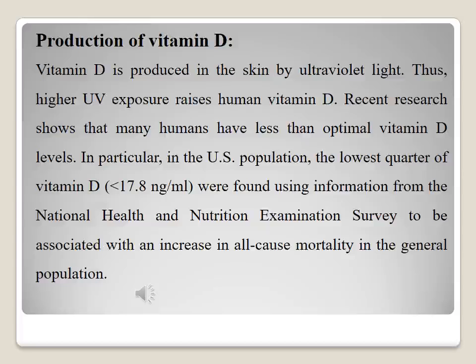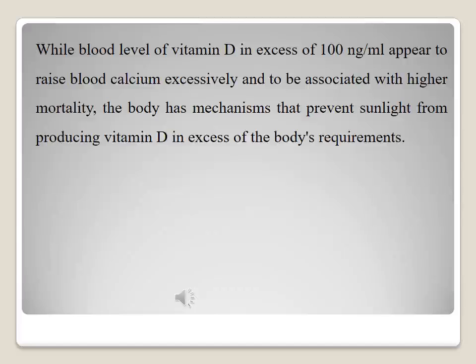In particular, in the United States population, the lowest quarter of vitamin D, meaning those with less than 17.8 nanograms per ml, was found, using information from the National Health and Nutrition Examination Survey, to be associated with an increase in all-cause mortality in the general population.